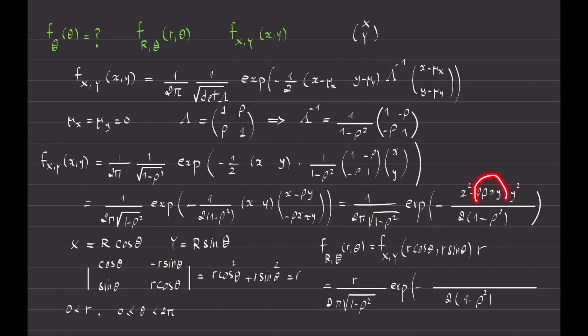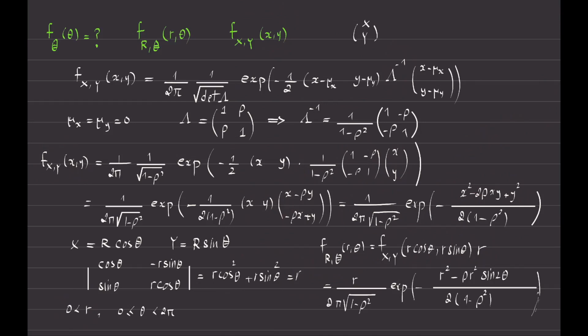And this one becomes 2 rho sine theta cosine theta times r squared. But 2 sine theta cosine theta can also be written as sine 2 theta. And there is an r squared there. So it becomes r squared minus rho r squared sine 2 theta. Yes, so this is what we have here.